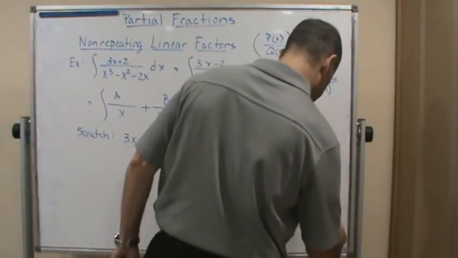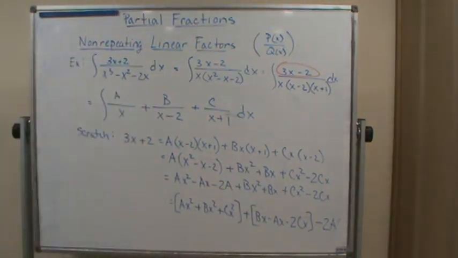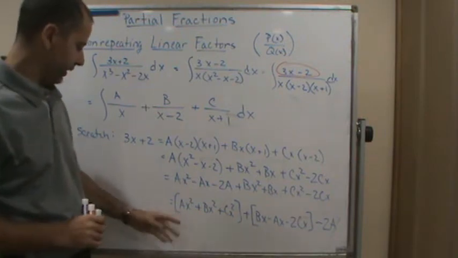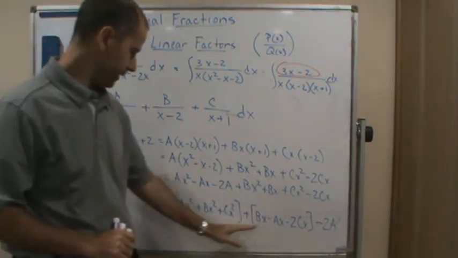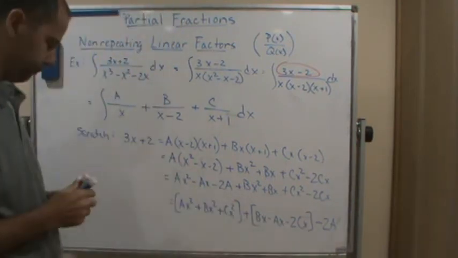So this is going to be minus 2a. Okay, so now, why am I doing that? Because, again, I want this to match over on this side, okay? Or the other way around, I want this side to match this.